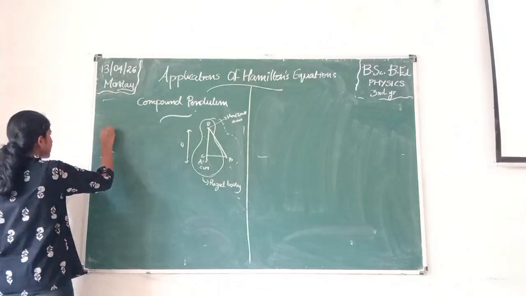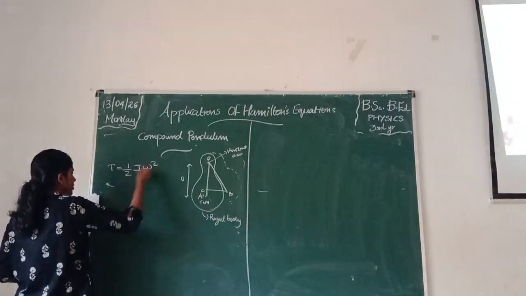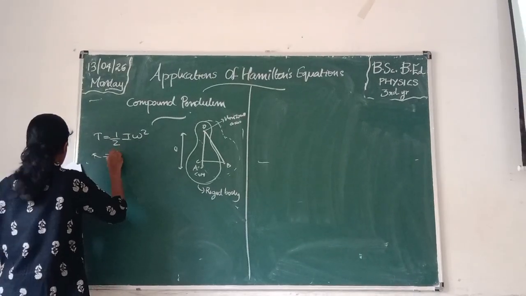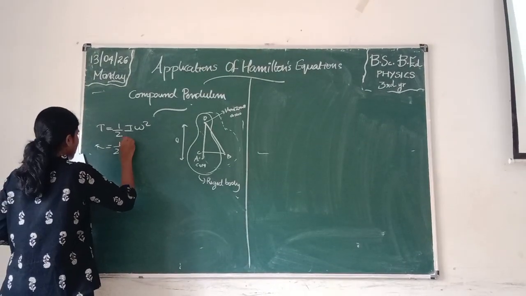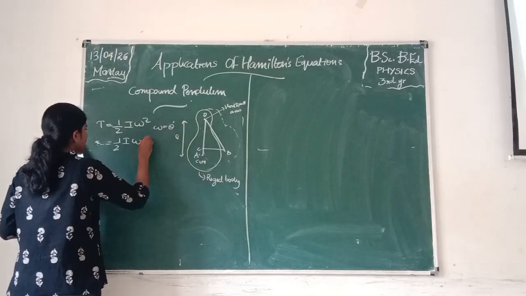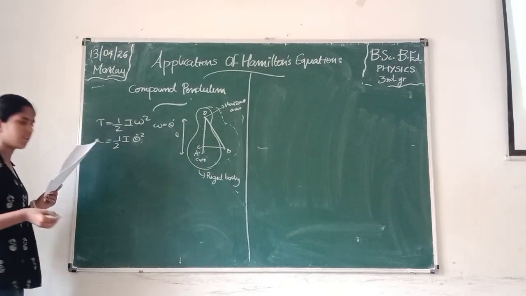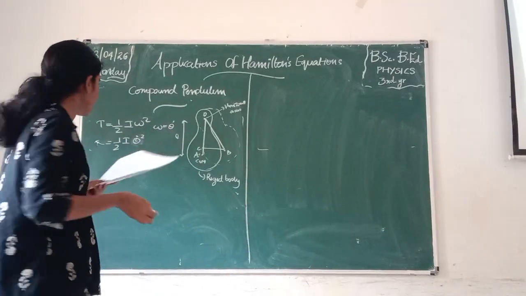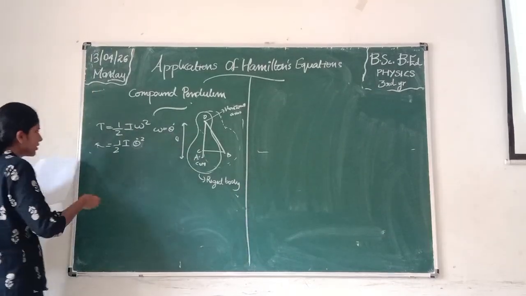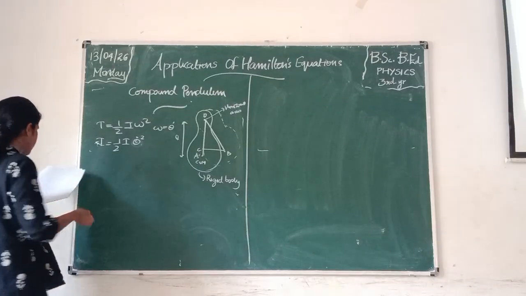So first finding kinetic energy is equal to half I omega square, where omega is equal to theta dot, that is half I theta dot square. Okay. And this is the kinetic energy. And next we want to find potential energy.